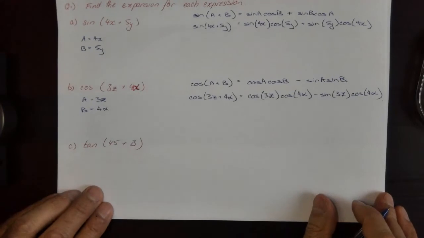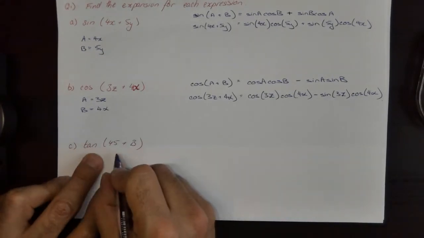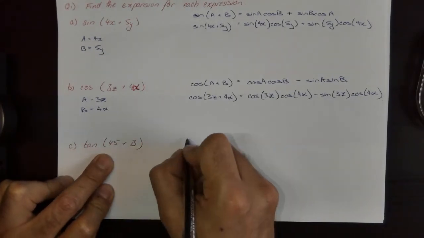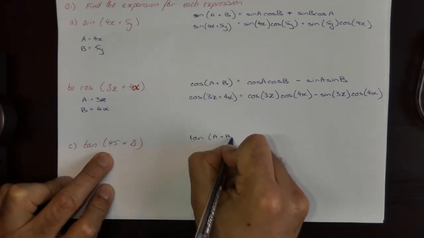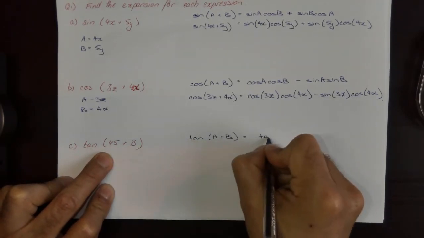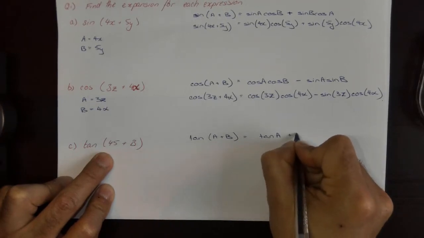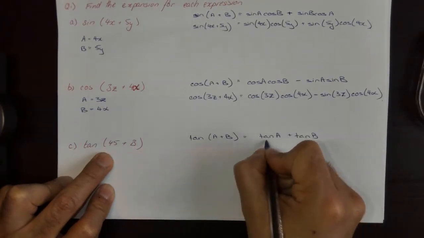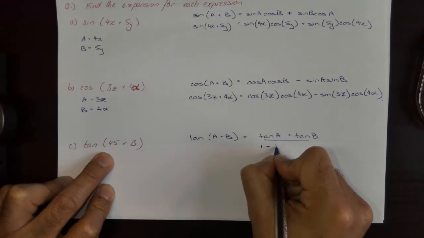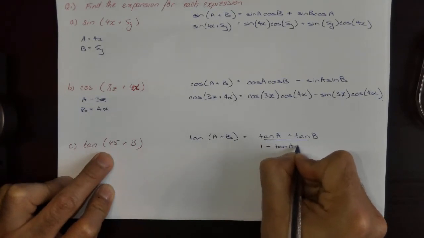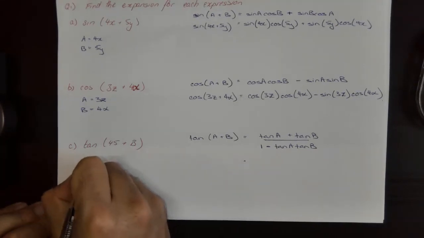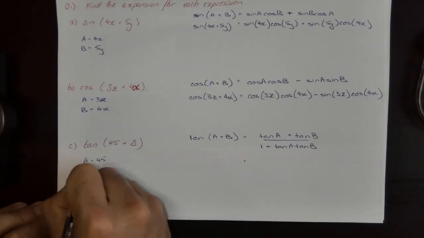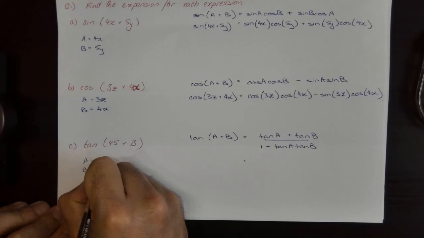Now tan of 45 plus B. Tan of adding two angles together is tan A plus tan B over 1 minus tan A tan B. In this case, A is 45 and B is B itself.